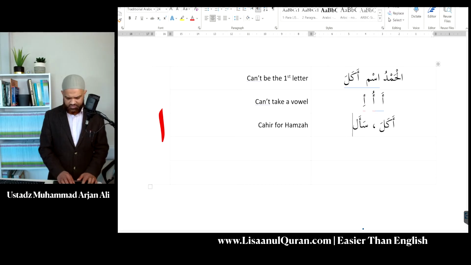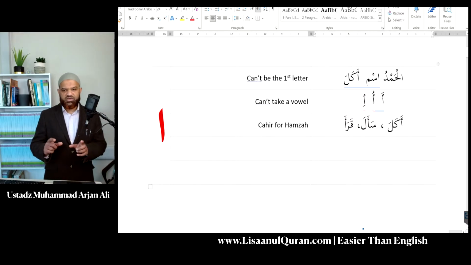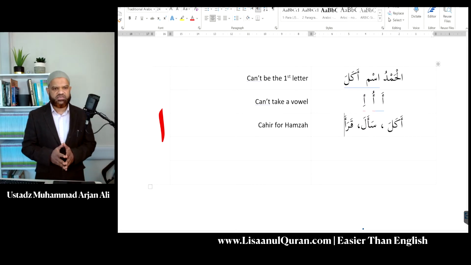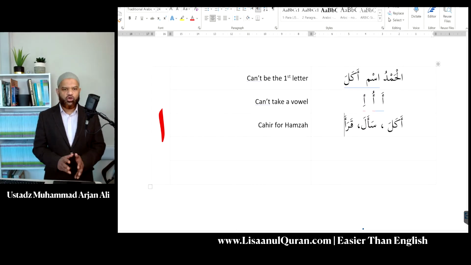Sa'ala, he asked. And let's do another one. Qara'a, he read. So you can see here at the beginning of the word I have what looks like an Alif. In the middle I have what looks like an Alif, and at the end I have what looks like an Alif. In all those 3 circumstances, it is Hamza, not Alif.